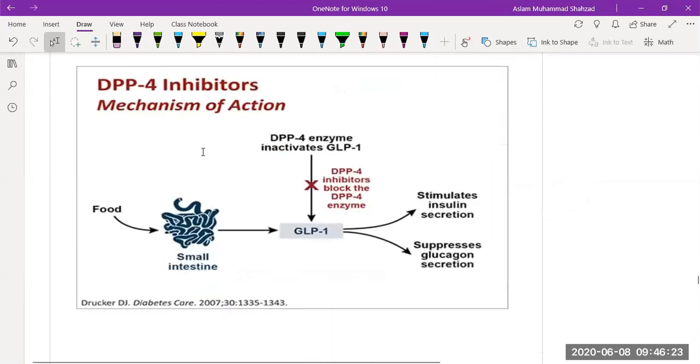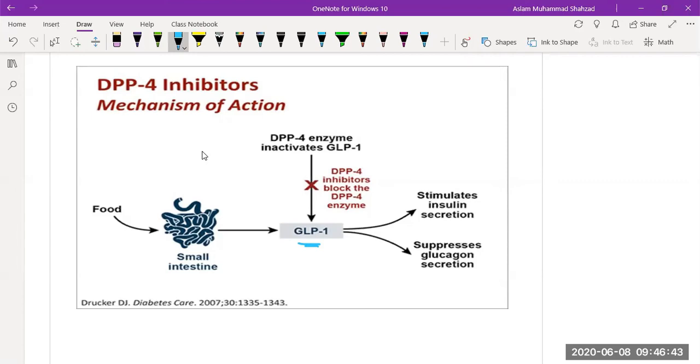And when we take a look at this mechanism of action, we know that when we take food, it goes to the small intestine. But the main thing is that they are blocking DPP4, and the DPP4 enzyme, we know, inactivates GLP-1.